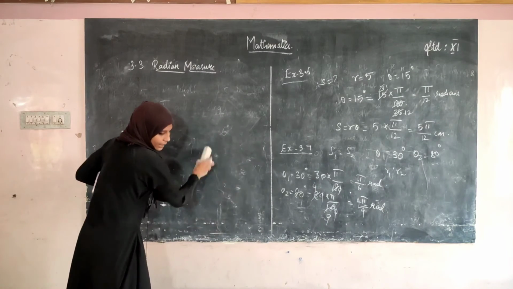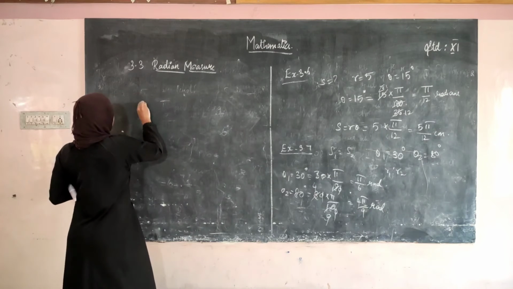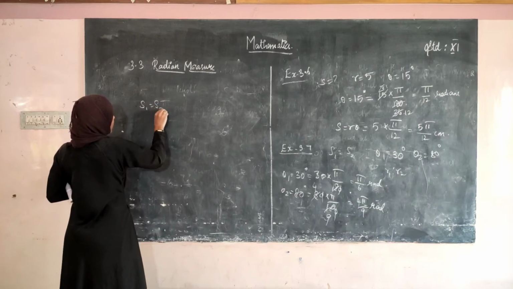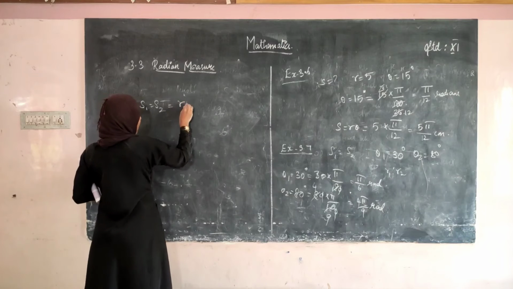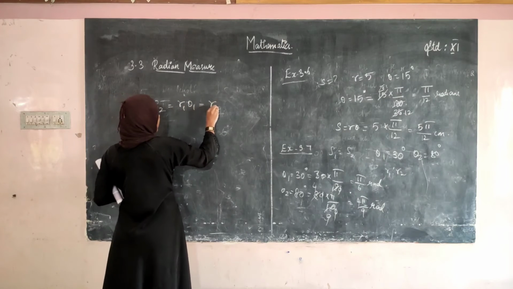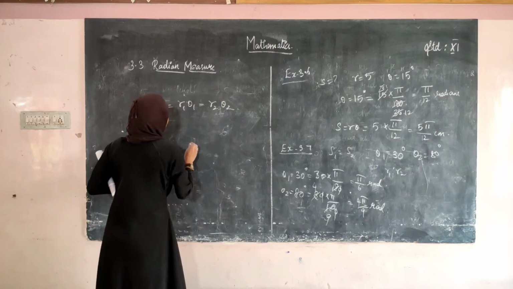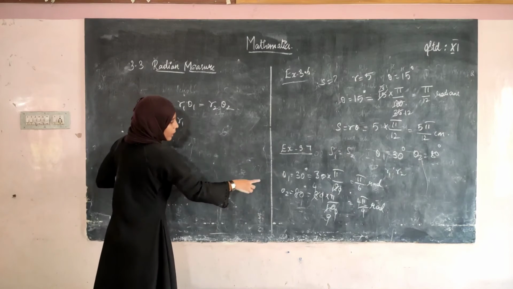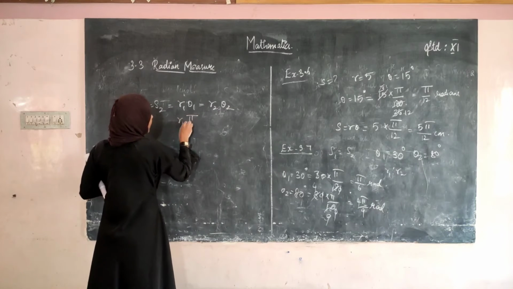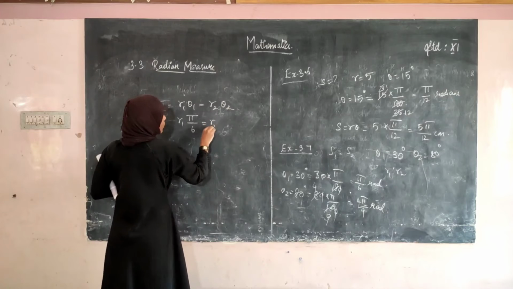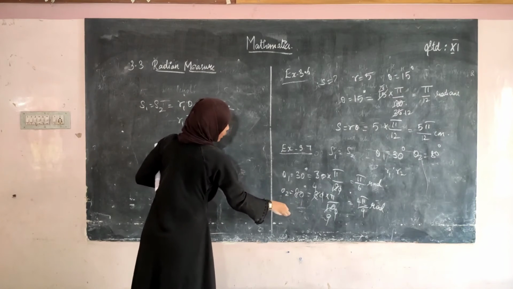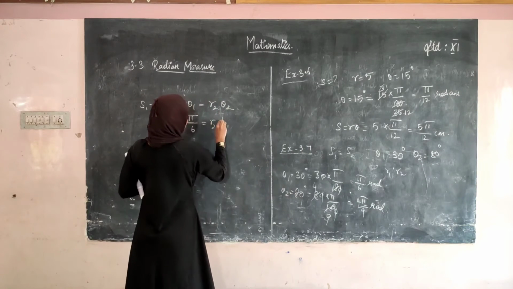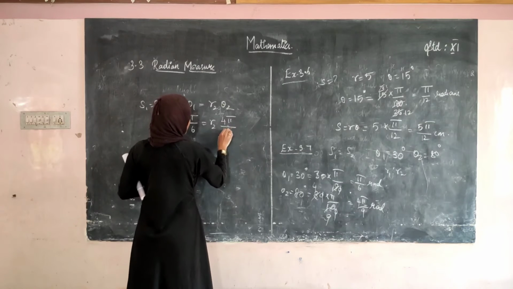Both the arc lengths are the same. Therefore, S1 is equal to S2, which is R1 theta 1 equal to R2 theta 2. R1, what is theta 1? Theta 1 is pi divided by 6. What is R2? R2 into what is theta 2? 4 pi divided by 9.